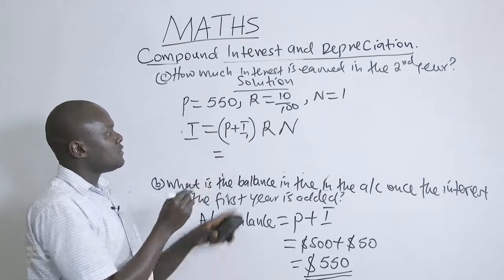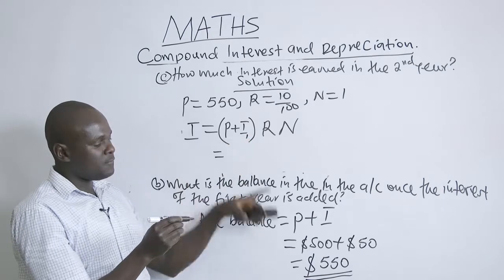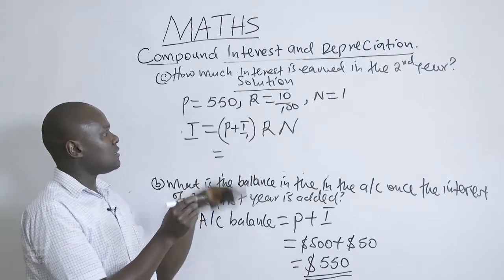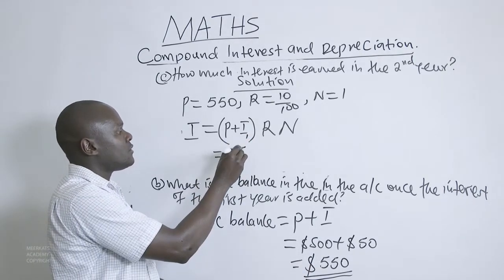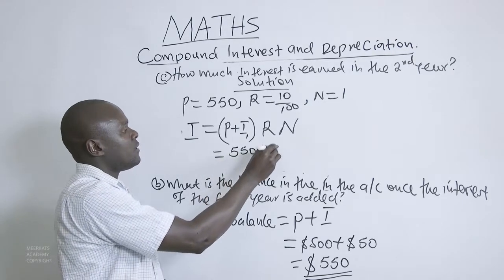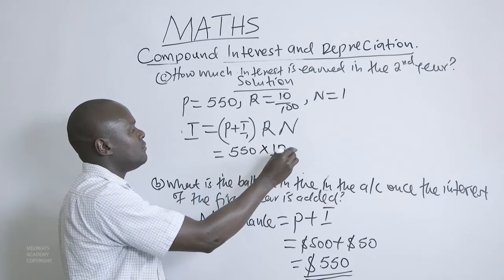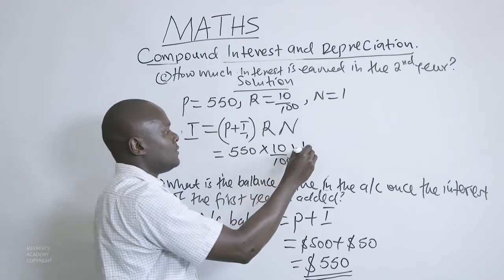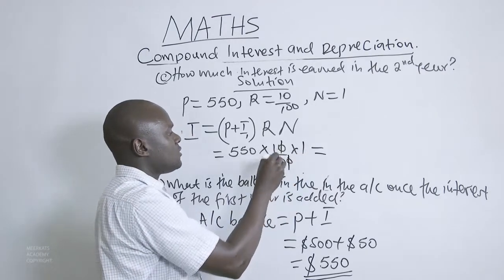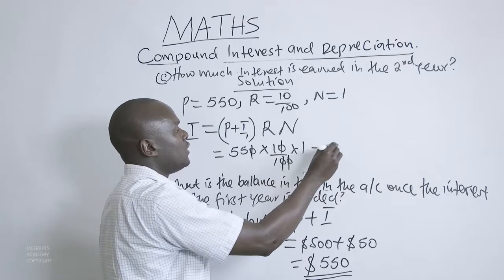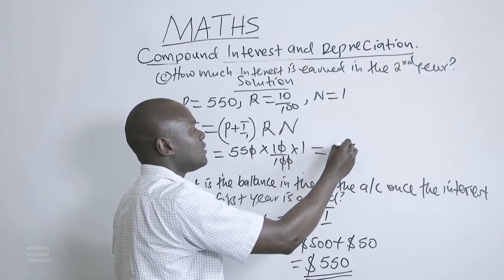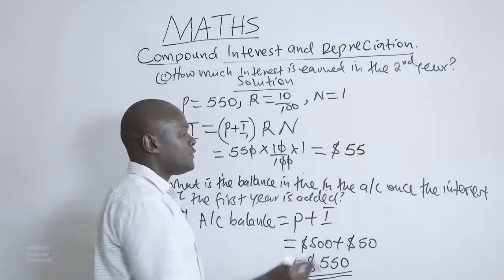This is 550 multiplied by 10 out of 100 multiplied by 1. If we calculate this, and this cancels with this, we get an interest in the second year of $55.